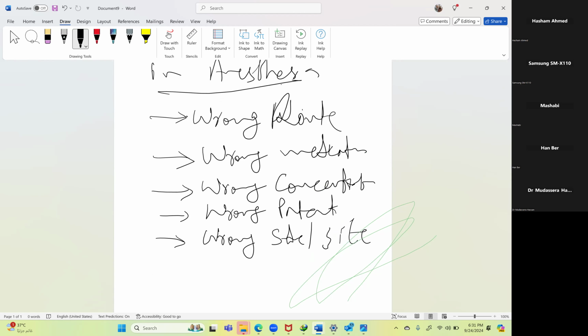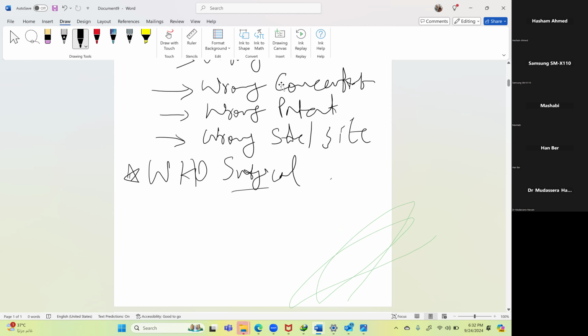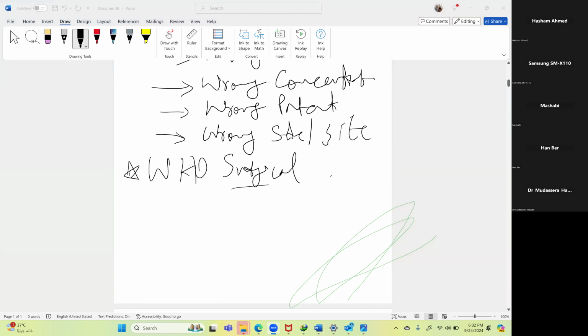Wrong site or side. So for that, a number of things. For example, there is the WHO surgical safety checklist, which we do to identify the correct patient, correct site, concerns, any critical steps, any antibiotic or any specific equipment needed from the surgical side as well as the anesthetic side, to avoid these things.